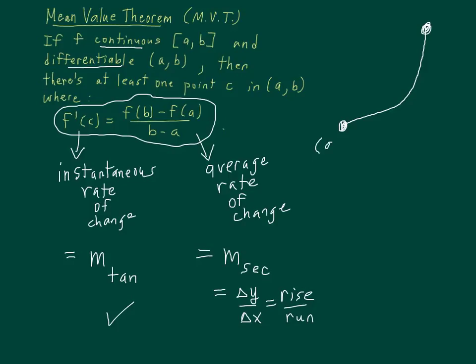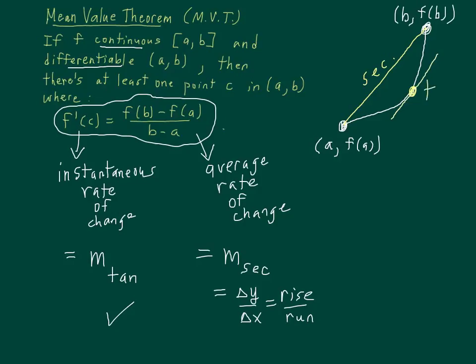So this point, let's refer to as A comma f of A, and this point up here, B comma f of B. So if we were to look at the slope between those 2 points, that's called a secant line. So that's our secant line.